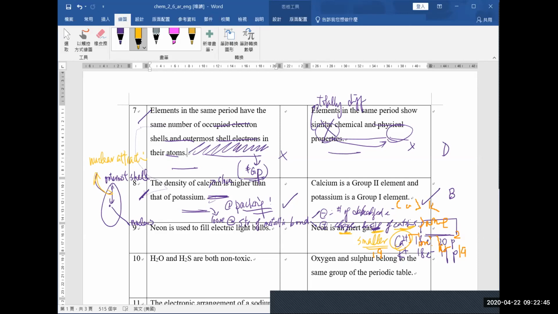How about the size of cation? The smaller the size, the stronger the metallic bond. Do you still remember? So that is the reason. That is the explanation part. Questions? Anyone who thinks that is better? It will help you better understand.